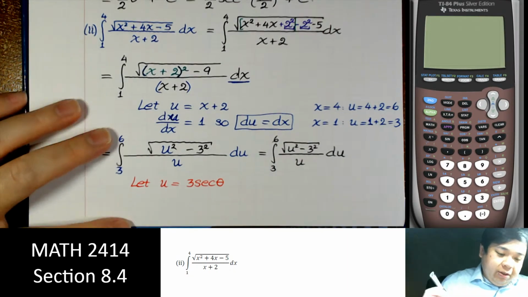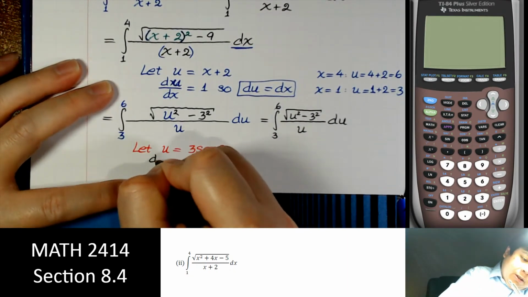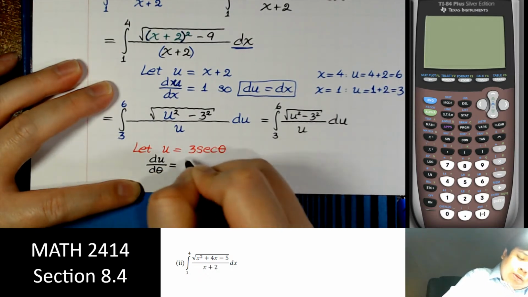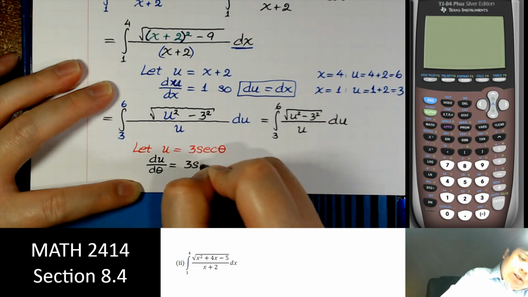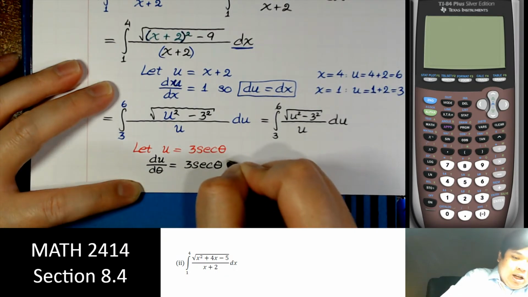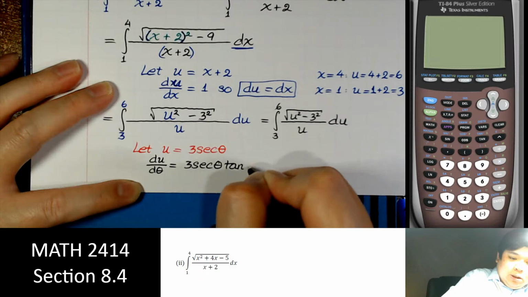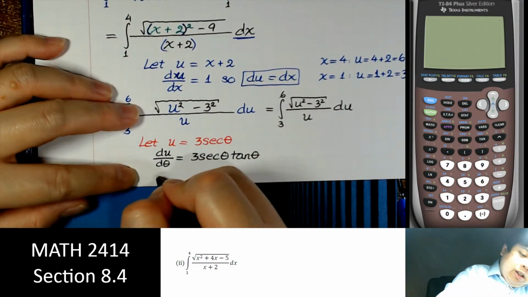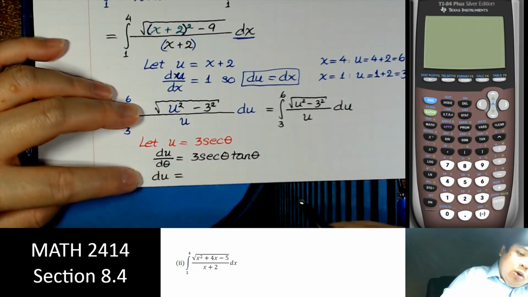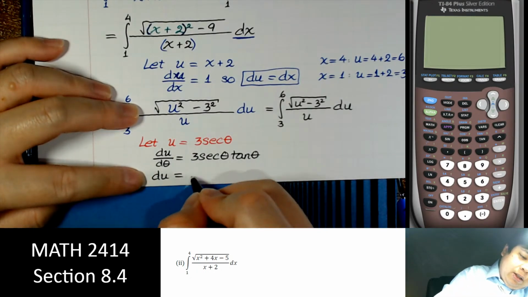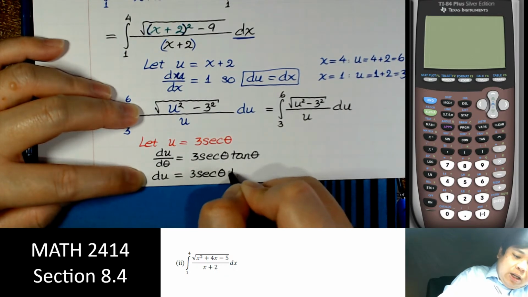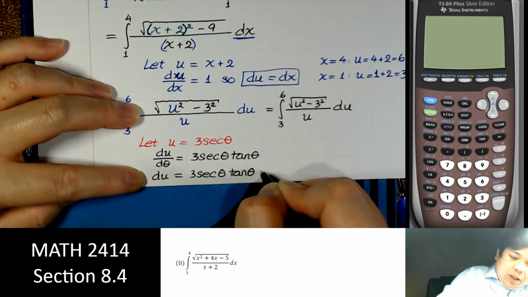And we'll take the derivative. It's going to be 3 secant tangent, and move the theta over, du equal to 3 secant tangent d theta.